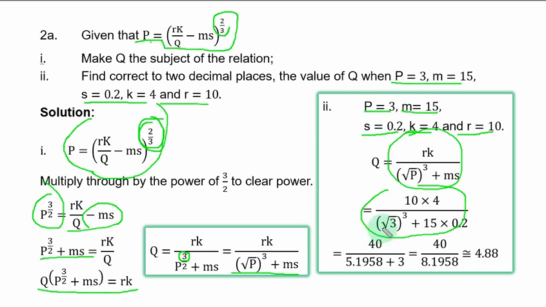You check the square root of 3 to the power of 3, you have 5.1958. Now 15 times 0.2, you have 3. If you add to the denominator, you have this, and when you divide to 2 decimal places, you have 4.88 as the value of Q.